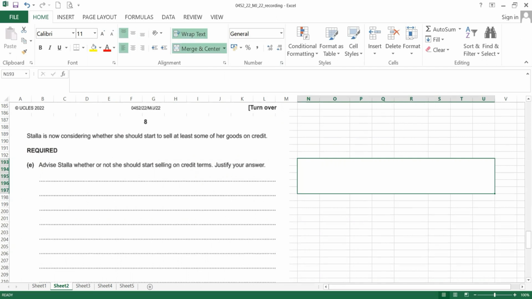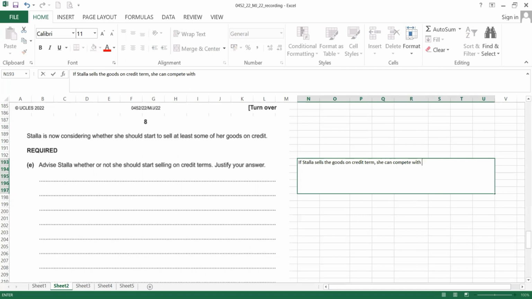If Stella sells the goods on credit terms, she can compete with other competitors, so that the sales should be able to increase.